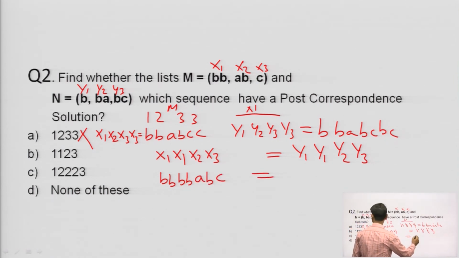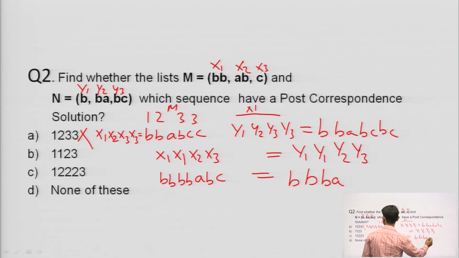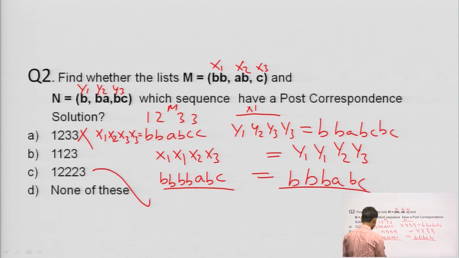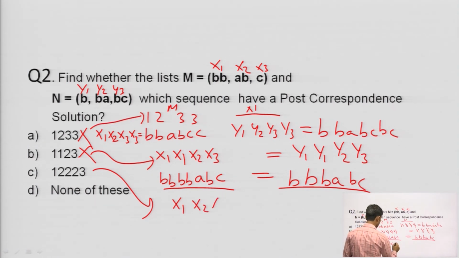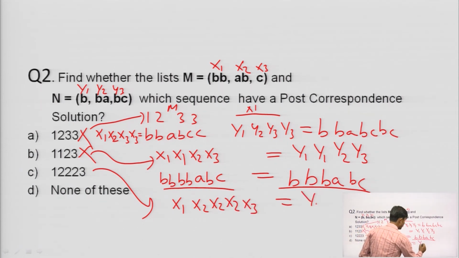And y1 is b, y2 is ba, y3 is bc. You check it, there is no solution here, the strings are not equal. This one is also wrong. Now for option C we check x1, x2, x2, x2, x3, and y1, y2, y2, y2, y3.